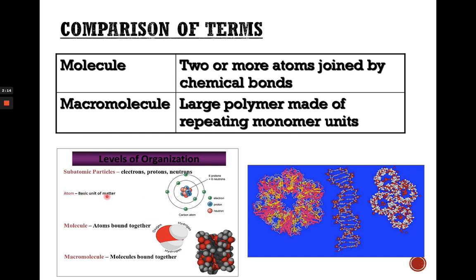Then we take atoms or elements and we bind them together and we form molecules. So here's a water molecule right here. And that is a very small, simple structure. A macromolecule is like tons and tons of molecules bound together. So here is a big macromolecule. Here are examples of macromolecules. This right here is an example of a protein.